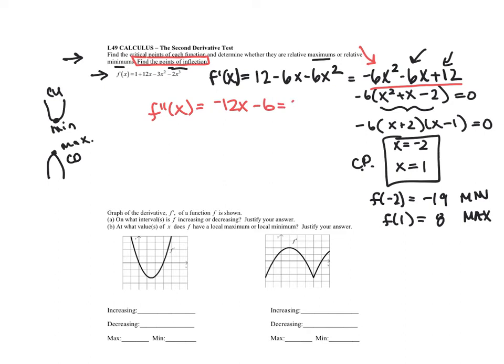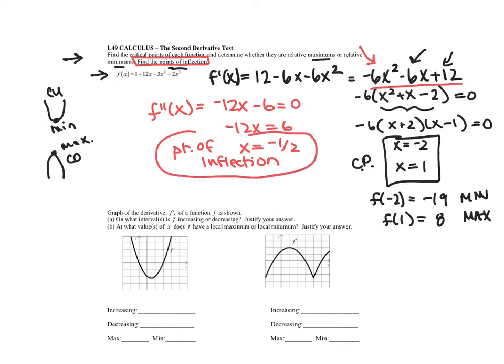And if I set that equal to 0, then what I'm going to know is that x equals negative 1/2 is a point of inflection. So I have a point of inflection, change in concavity at negative 1/2. So I'm going from concave up to concave down, or vice versa.